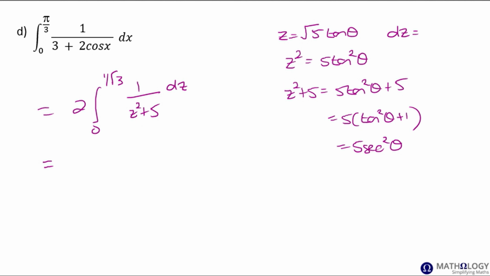When we differentiate, dz will be root 5 sec squared theta d theta.